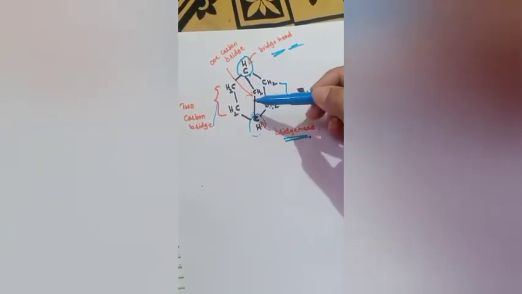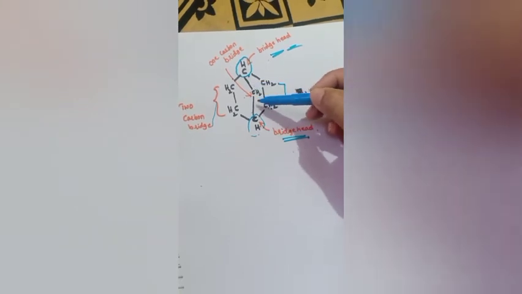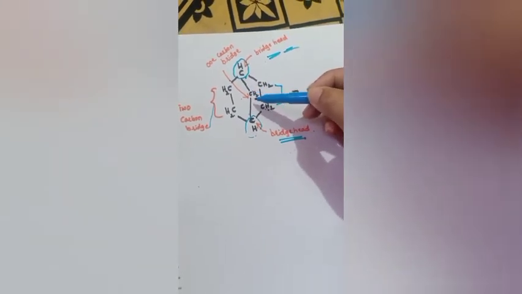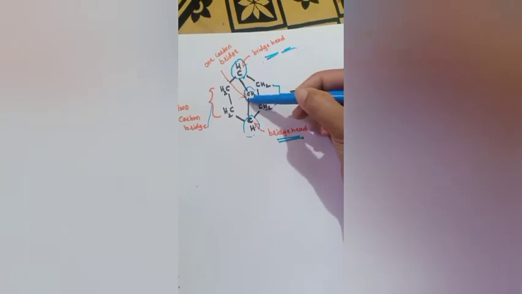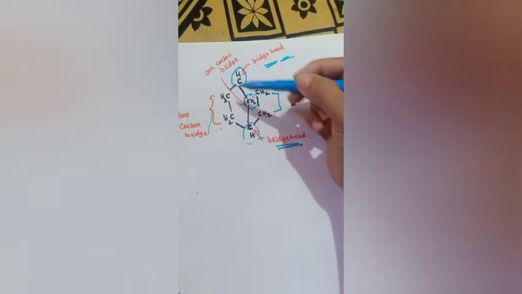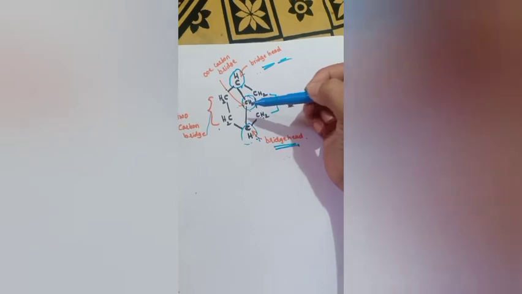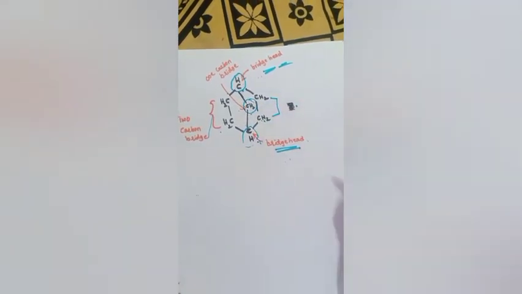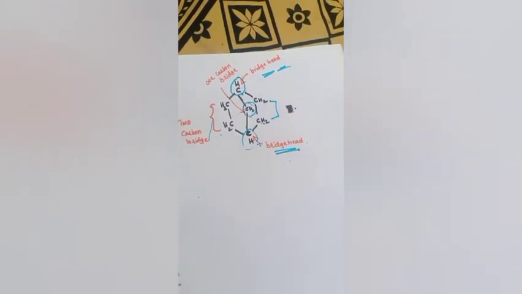In between the bridgehead positions there is another one-carbon bridge. So there are two-carbon bridges from each side, and another one-carbon bridge between the bridgehead carbon atoms.